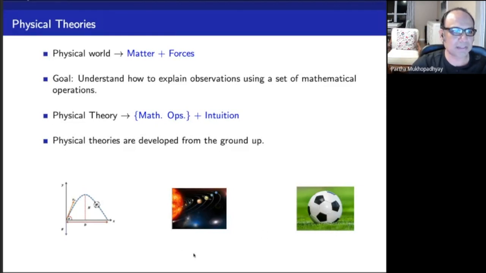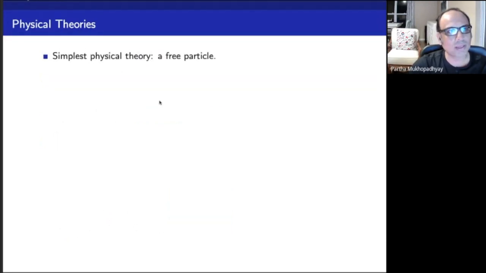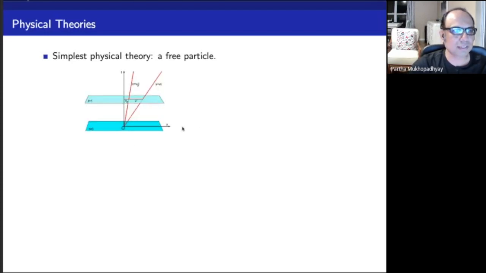So let me start with the simplest physical theory, which is even simpler than the motion of the football, and that's a free particle. Here is a cartoon. This is a space-time diagram. The whole three-dimensional space is represented by this slice, and you are shooting out a particle from this point with a certain initial velocity.